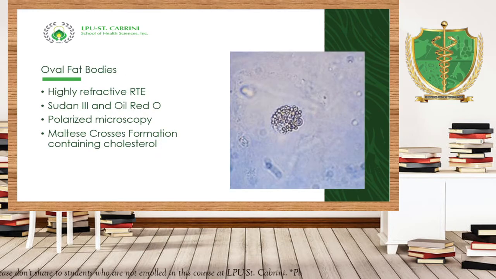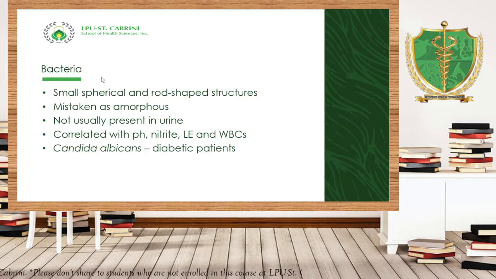Next we have the oval fat bodies, which are highly refractive RTE containing cholesterol and showing Maltese cross formation. Take note, when you are told Maltese cross formation, that is your oval fat bodies.